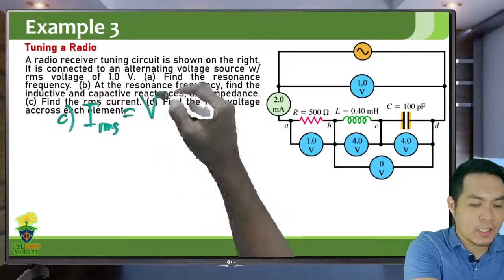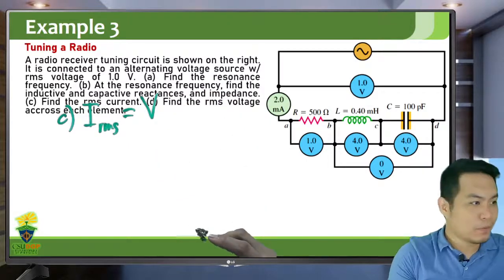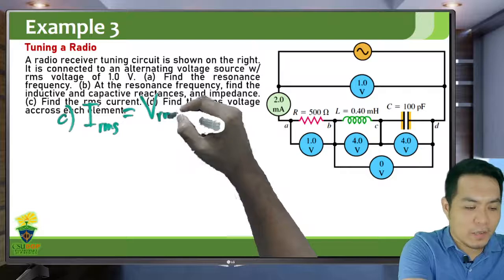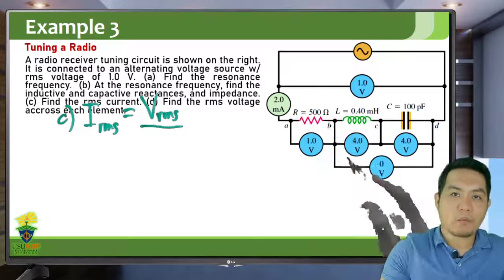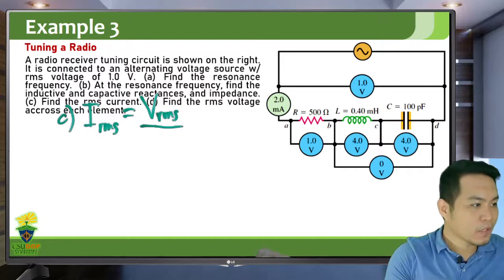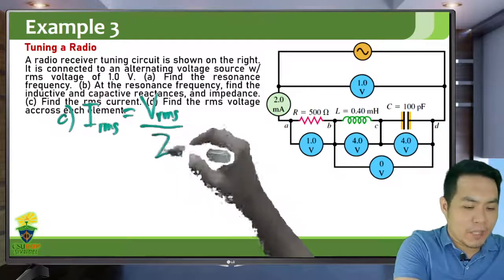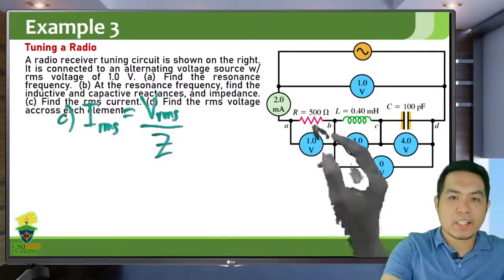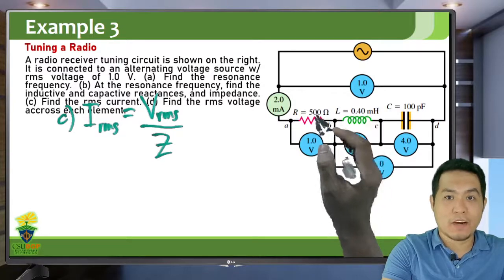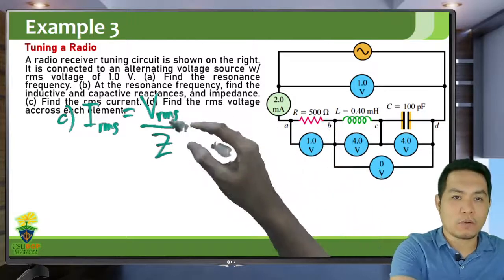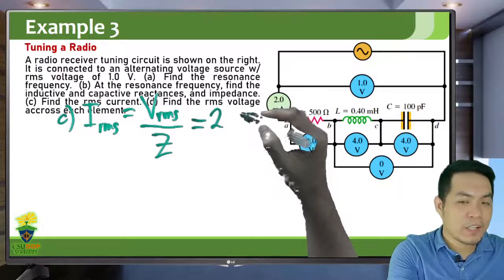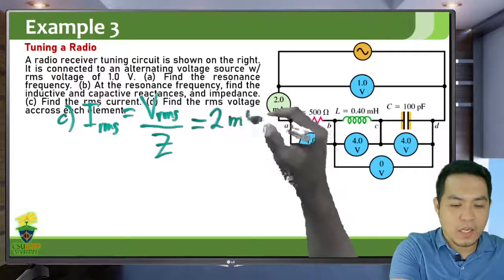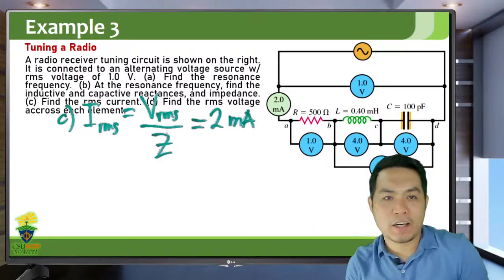It's just the RMS voltage of the whole circuit, which is 1 volt, over the impedance. In this case, the impedance is equal to the resistance, 500 ohms. So 1 volt over 500 ohms will give you a value of 2 times 10 to the negative 3, or 2 milliamperes. That is the IRMS.